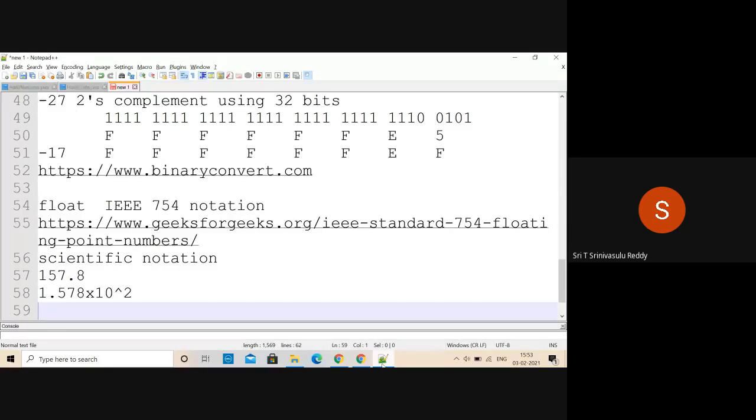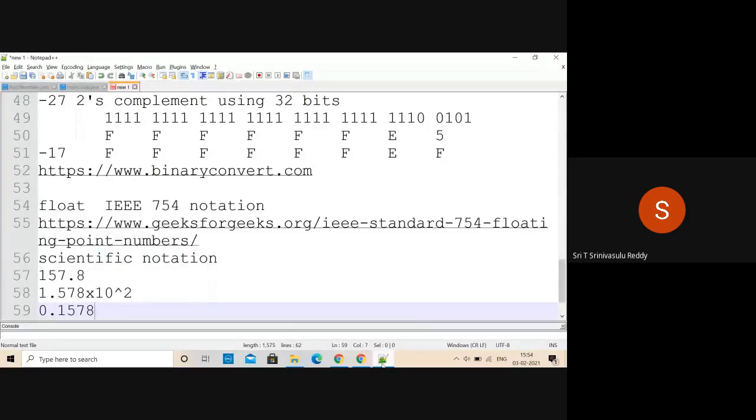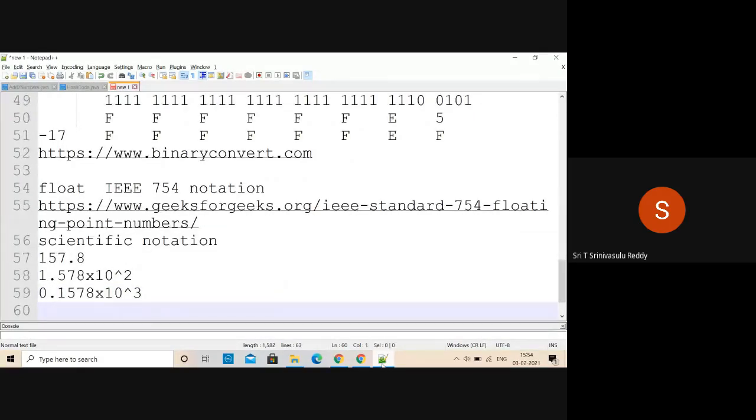Or it can also be represented as 0.1578 into 10 to the power 3. This is also the same. All these three represent one and the same value. The first one is the normal representation using real numbers, and the next two are scientific notations.